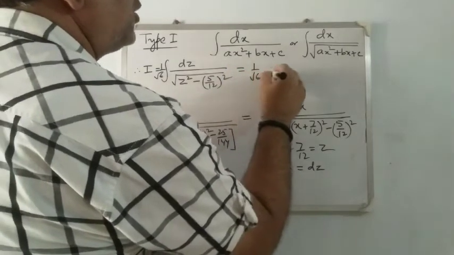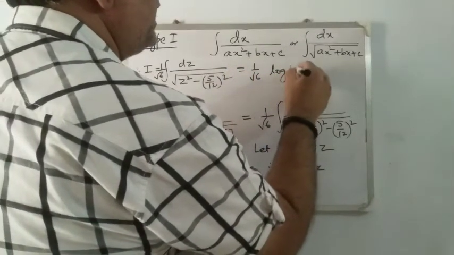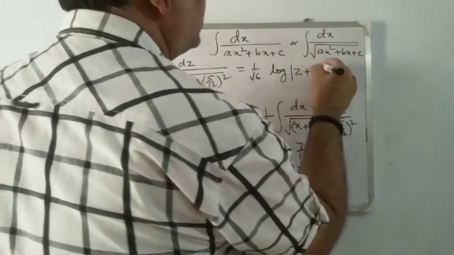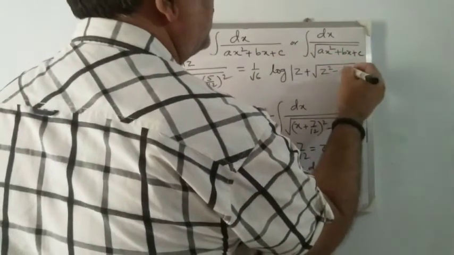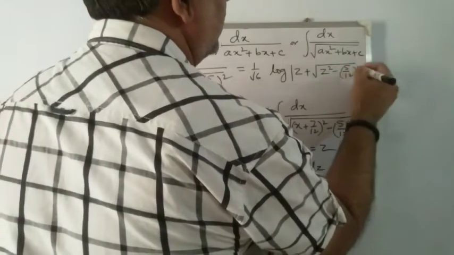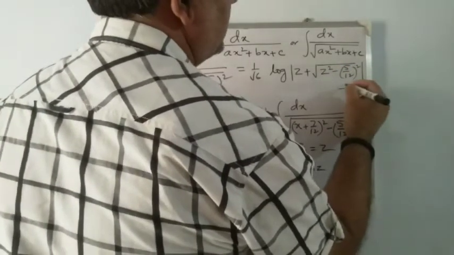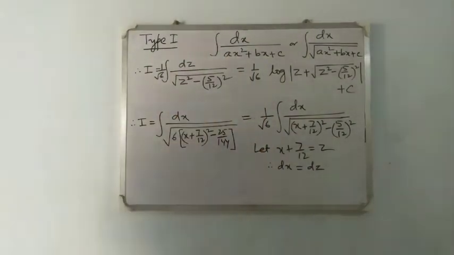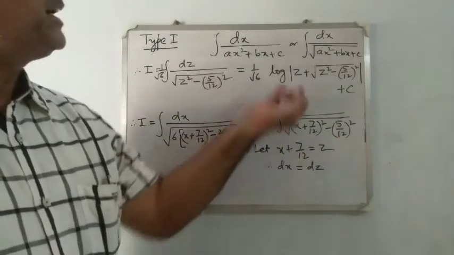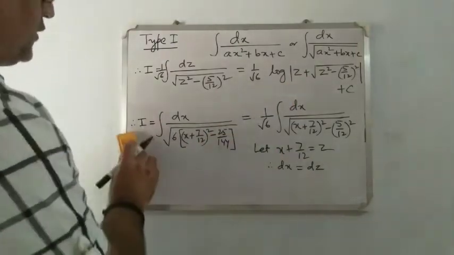It remains here. Log mod z plus root over, that is z square minus (5 by 12) whole square. So this thing you will get plus c. Now you have to put down the value of z. What you have assumed as z, that is (x plus 7 by 12), that should be kept here. So what happens?